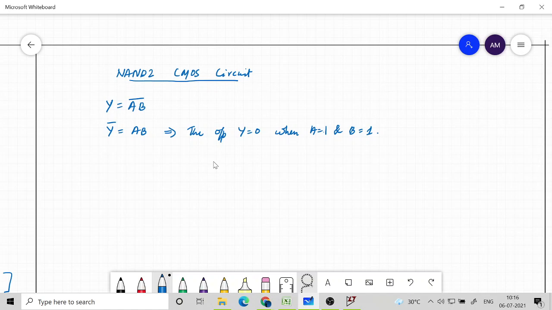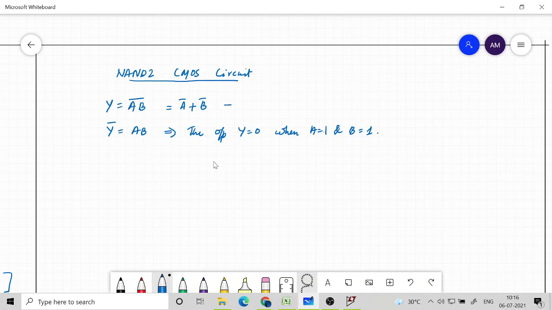This is what we are saying. So that is what Y bar means, Y becomes 0. Now I want to write it in SOP form. If I write it in SOP form, I apply De Morgan's theorem, and this is basically equal to A bar plus B bar.